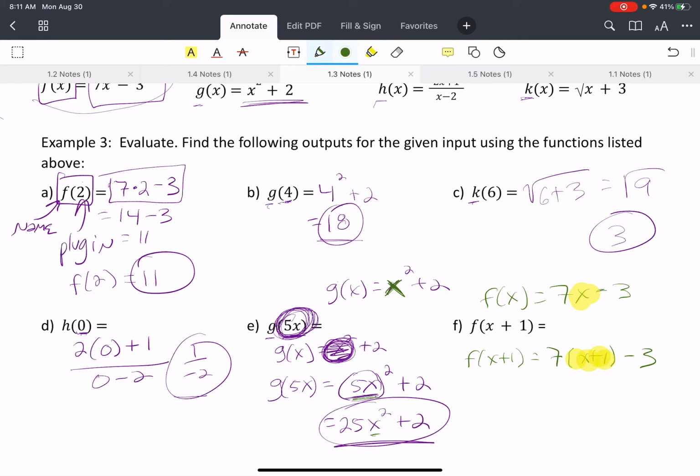So notice I took the x out and I replaced it with x plus 1. Does the highlighter help? Little, maybe? Maybe not? You're like, whatever.